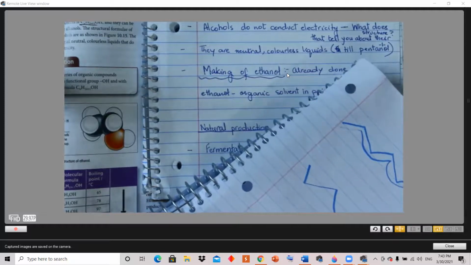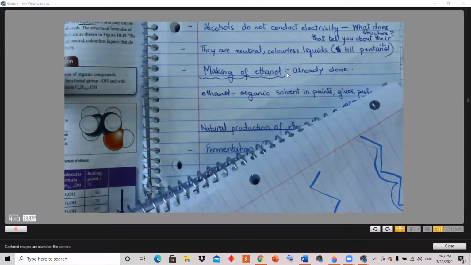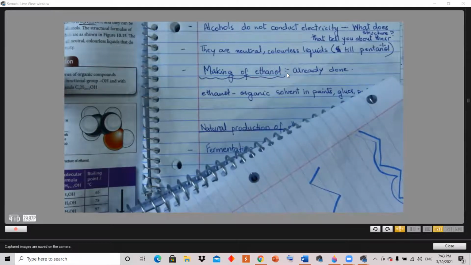Who remembers what fermentation is? The anaerobic respiration. Okay, good. Tell me a little about anaerobic respiration. It is respiration without oxygen. Yes, without oxygen.